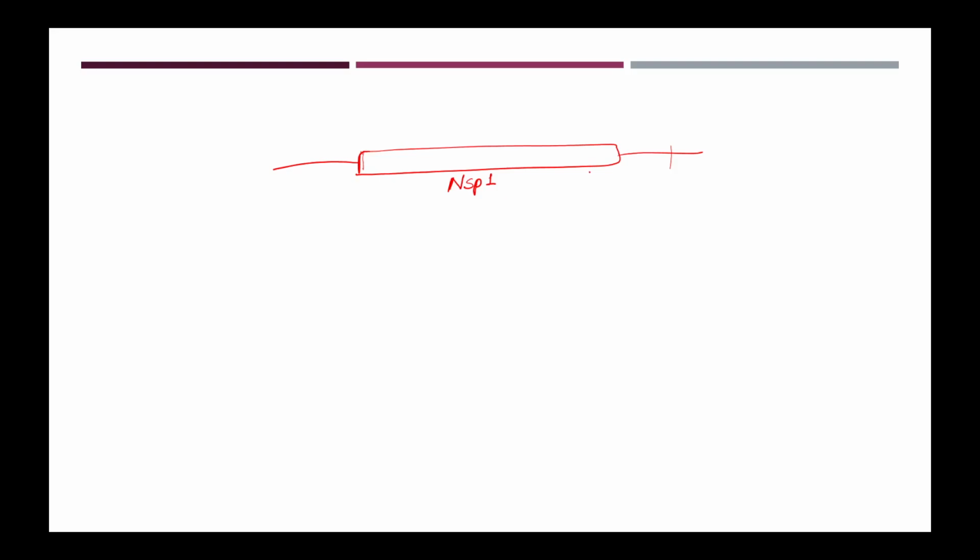Okay, so suppose this is the gene. Now it has a specific sequence. So what we can do, we can design a protein which can recognize a long stretch of the sequence which is present in this particular position in the genome of the organism.